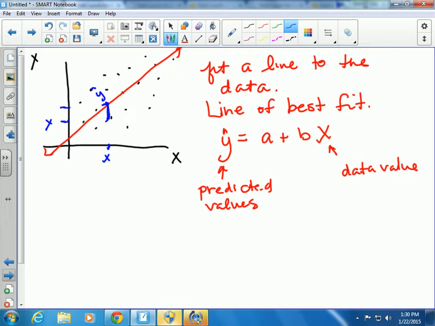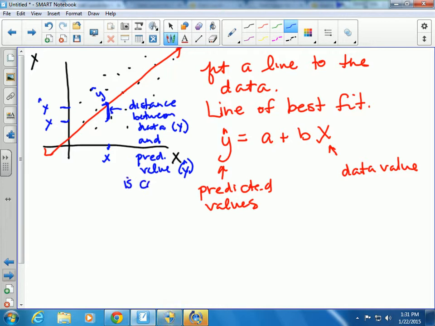So it tracks over here to y hat. And the distance between the data value, which is y, and the point on the line, the predicted value, which is y hat, that is called the residual.